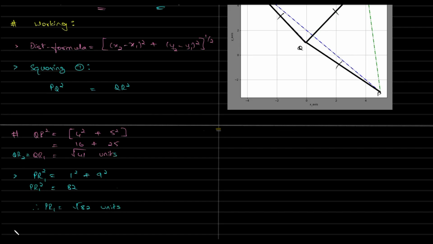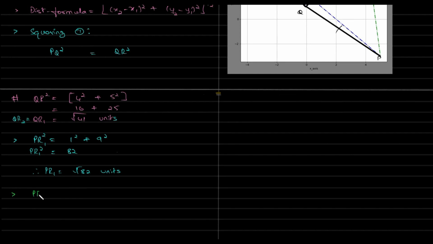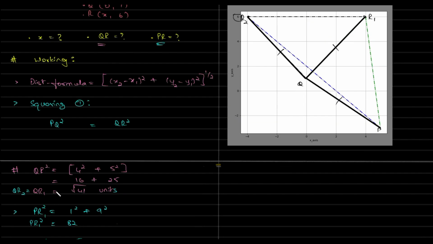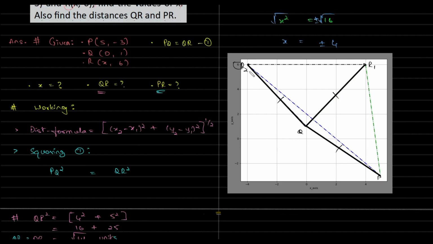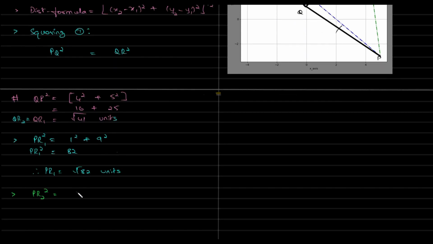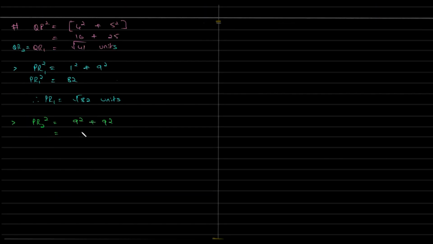Then we have PR2 square. This is minus 4. Kind of very confusing. So 5 plus 4 is 9, 9 square plus 9 square, which is 2 into 9 square. PR2 will be square root of this, and this will be 9 root 2.